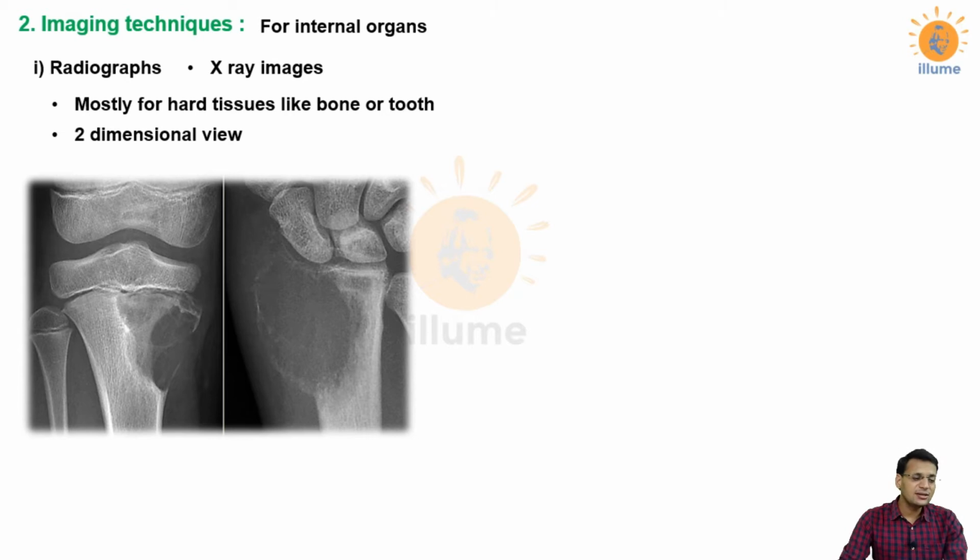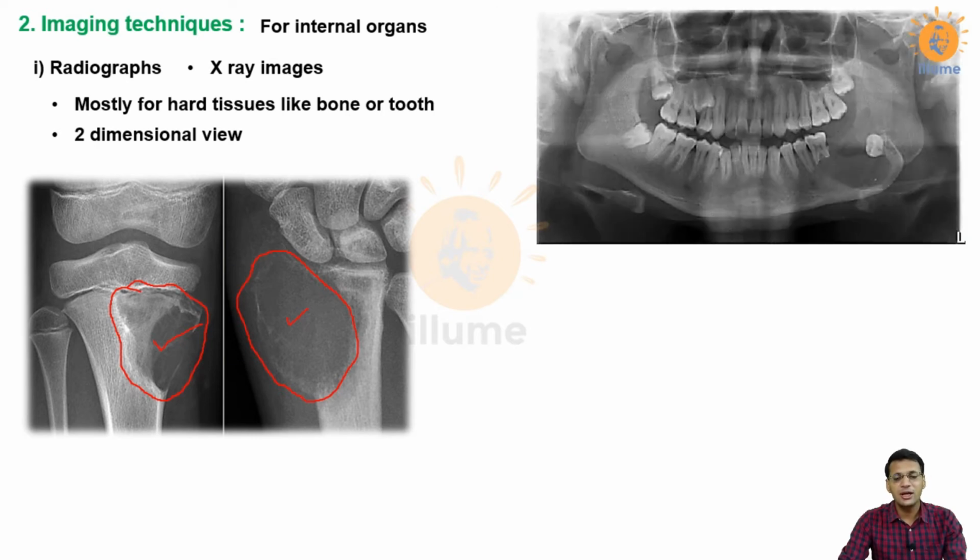As you can see in this radiograph, you can clearly make out that there is a certain abnormality with this bone. Normally a bone appears whitish in a radiograph, but in these cases you can see some blackening of the picture, not the bone but the picture, which clearly indicates that there is a certain pathology associated with the bone.